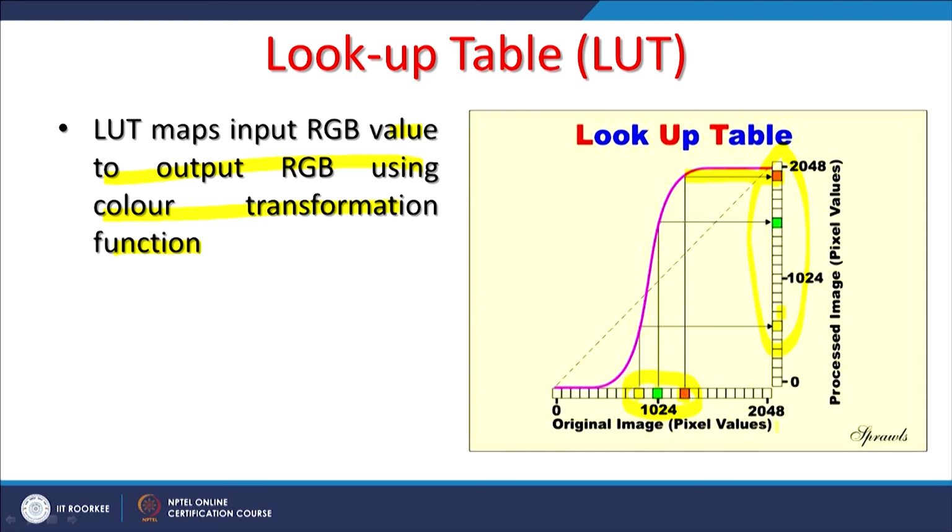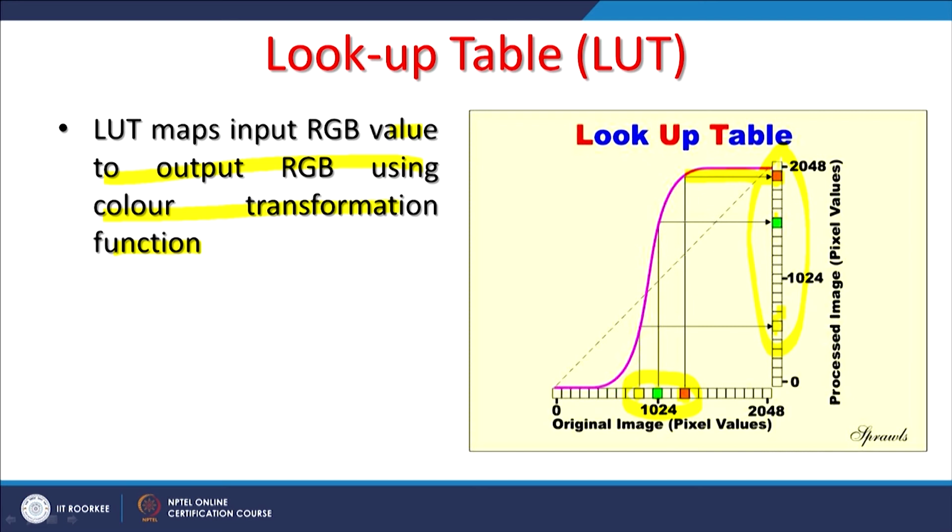The original values are around 1024, this yellow, green and red. Now the yellow, green and red are spread out, occupying a large dynamic range compared to my input.